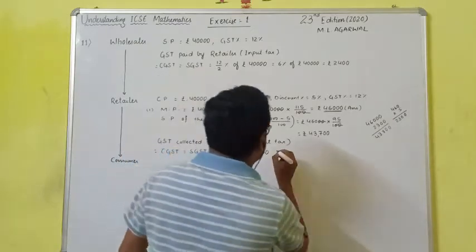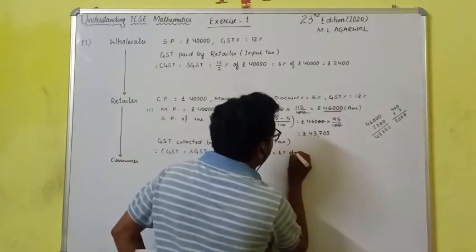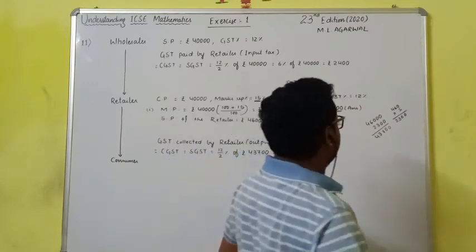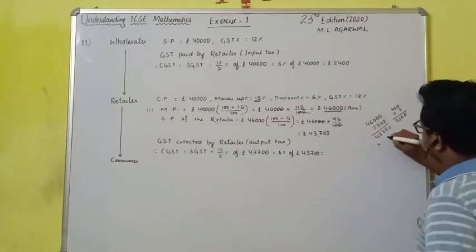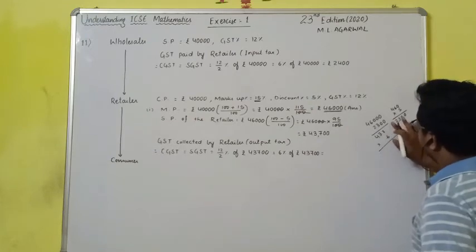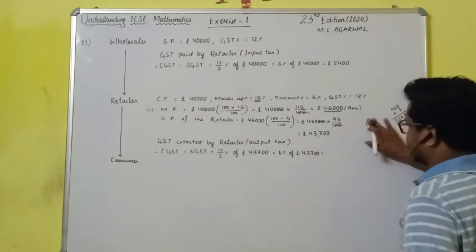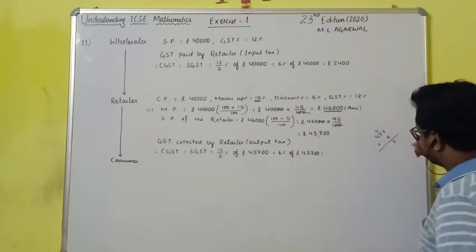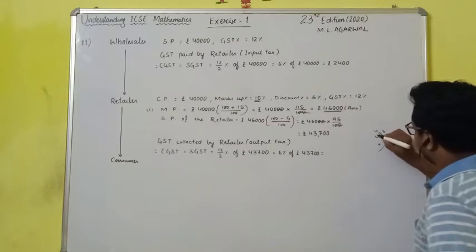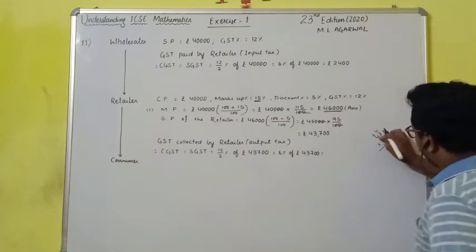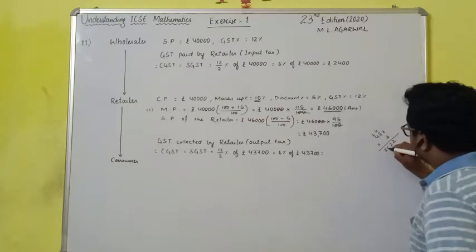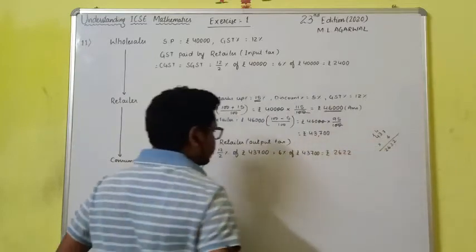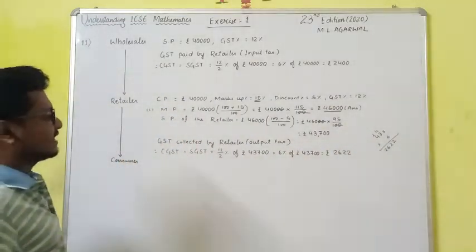So it will be 6 percentage of 43,700. So 43,700 into 6, 437 into 6: 7 sixes are 42, 3 sixes are 18, and so on. It will be 2622, and that is the CGST and SGST.